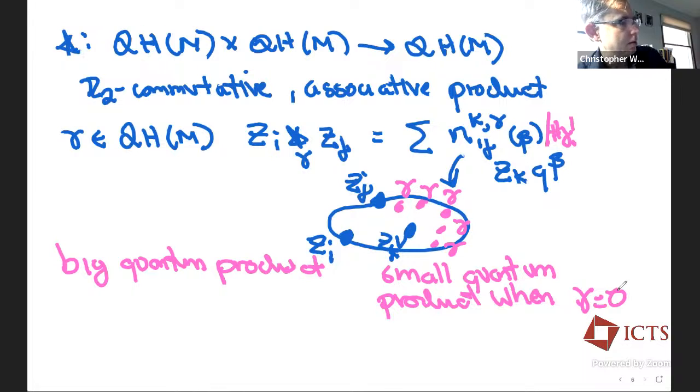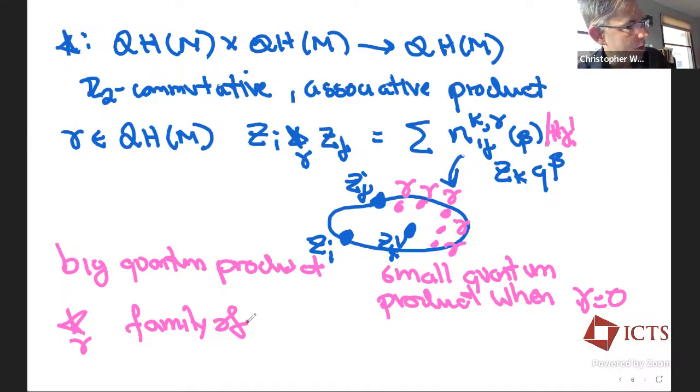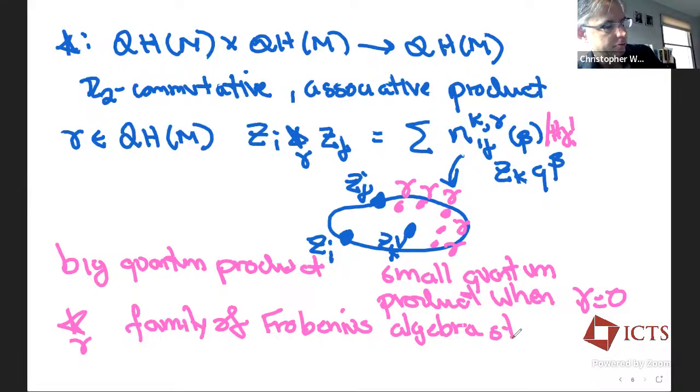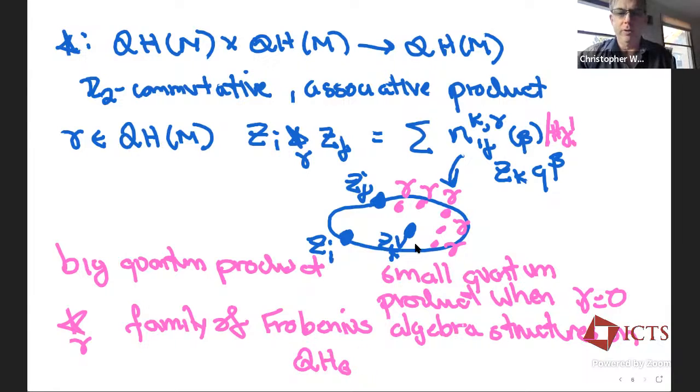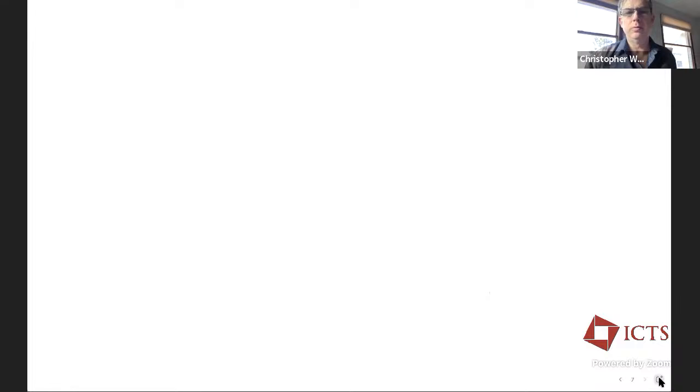And so these star gammas, together with the Poincare pairing, give a family of Frobenius algebra structures on the quantum cohomology, not equivariant yet, just the quantum cohomology of M. So the small product is part of this more general one. Okay. Got it. Thanks.